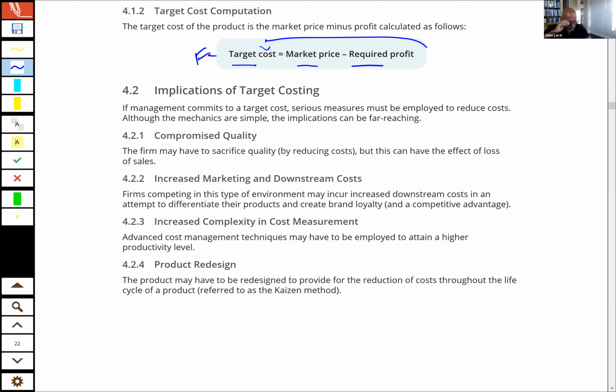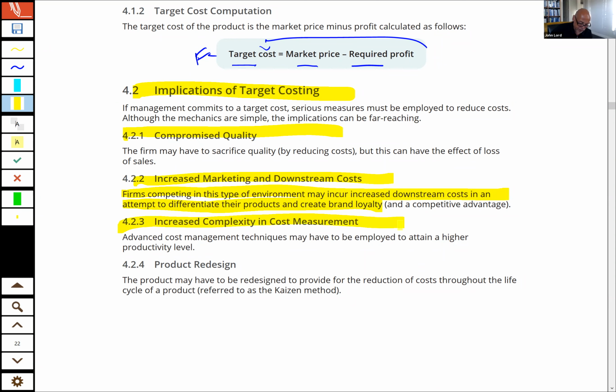Okay, let's take a look at the implications of target costing, which I've already kind of covered. Increase marketing and downstream costs to attempt to differentiate their product, increase complexity for cost measurement, and you're going to have product redesign to provide reduction of cost throughout the life cycle.